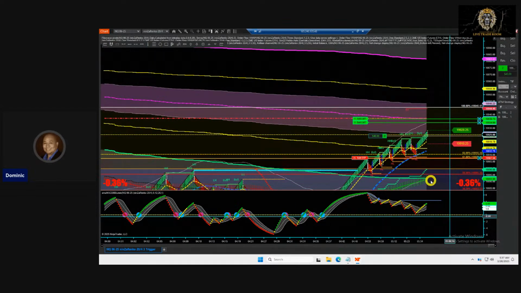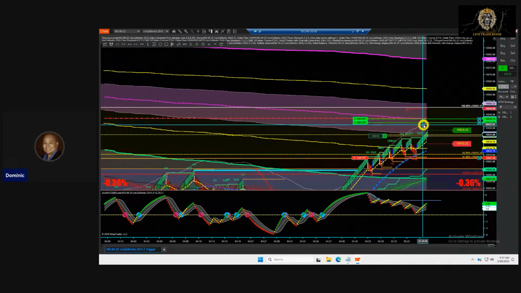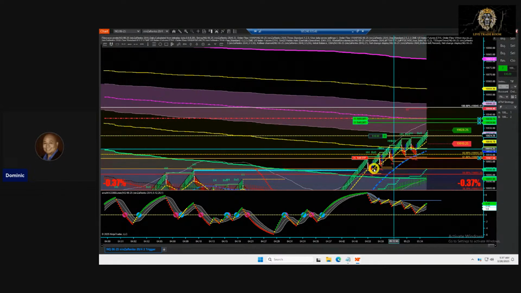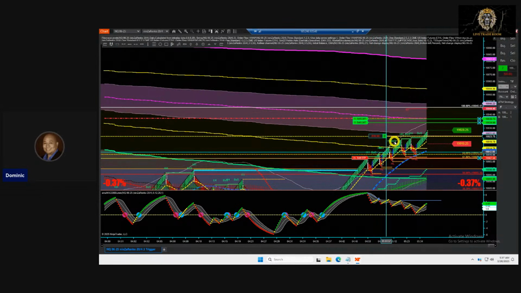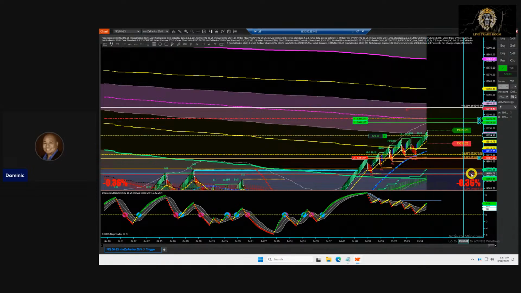So for the Tigard here, the first pattern is the upper band of the Keltner. You can see it's been hitting consistently here. So hopefully it does get up there.